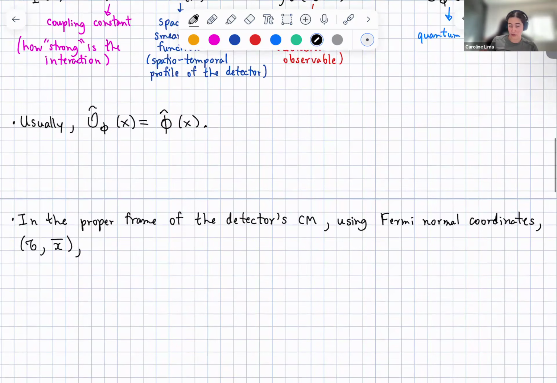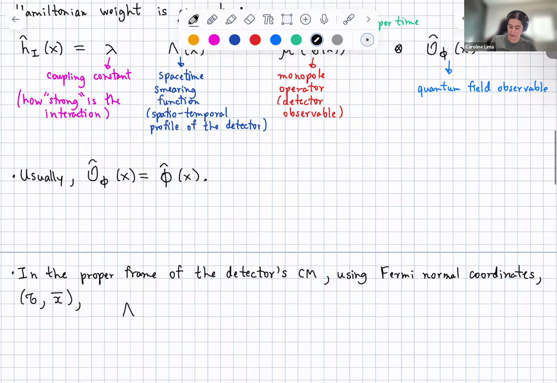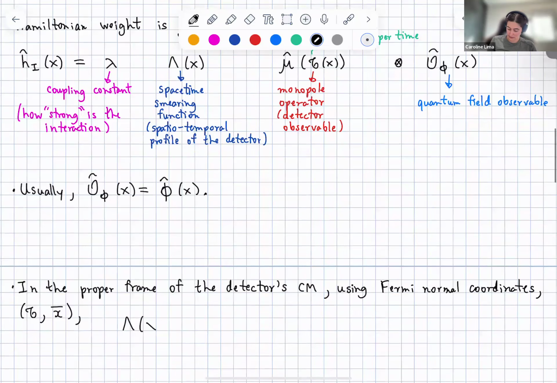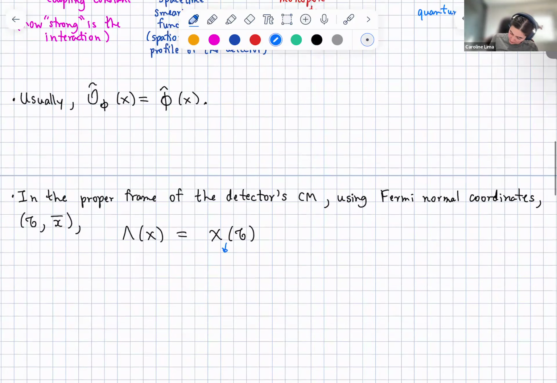And in those coordinates, what I can observe is that the spacetime smearing that I just wrote up here, this lambda of x, is going to decompose into some switching function. So this is the switching function.